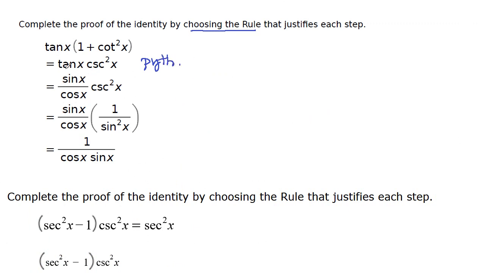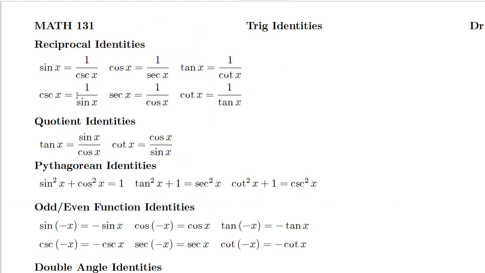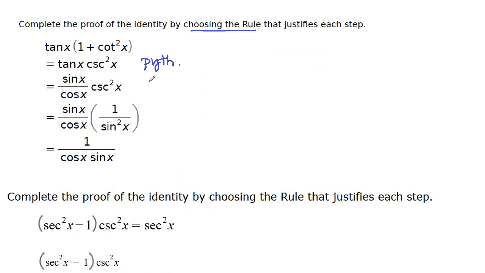And then next, they traded out a tangent for sine divided by cosine. That's this identity, which is a quotient. So quotient. So you're just identifying which type of identity they used. Cosecant squared, they traded out here for 1 over sine squared.